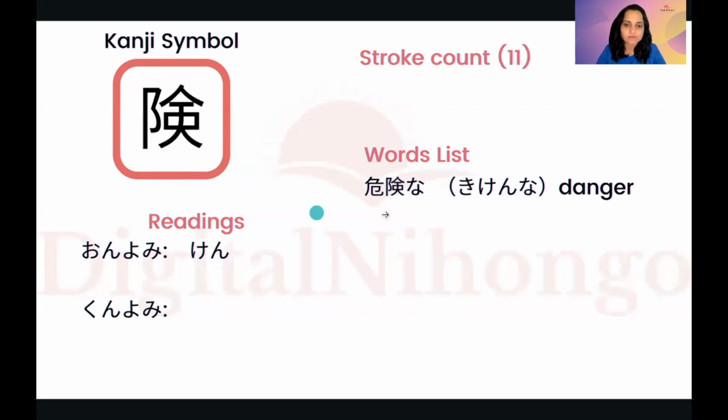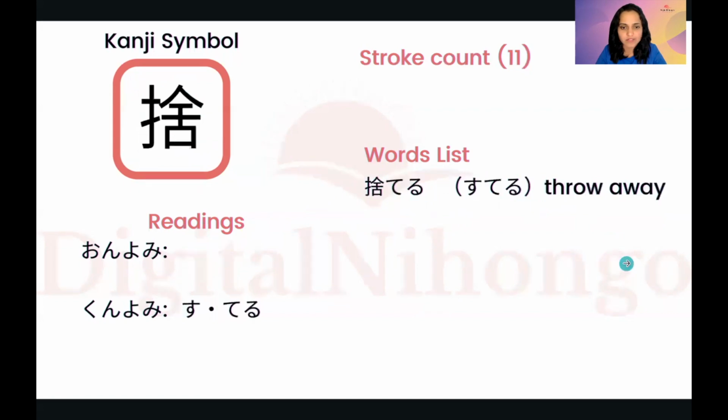Then the next kanji from the word kiken is ken. Again, this hi symbol is there and this part. So kiken is danger. And the last one is suteru. Suteru is to throw. Suteru is to throw away.